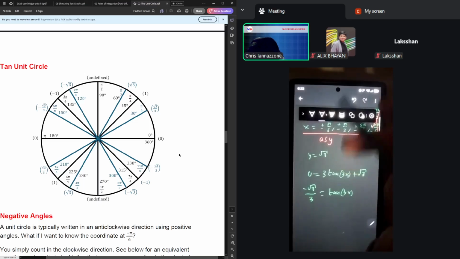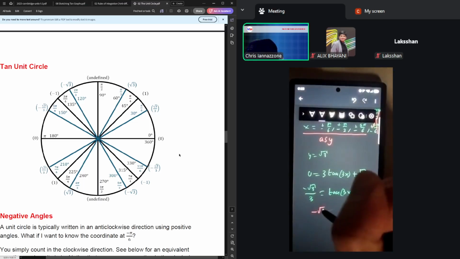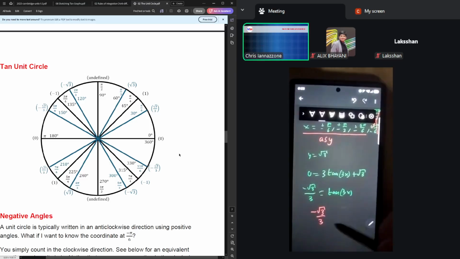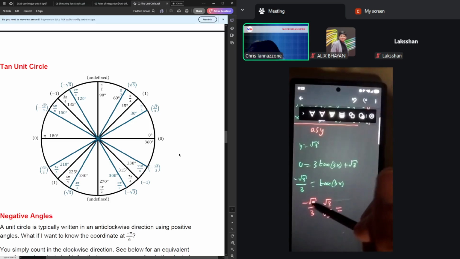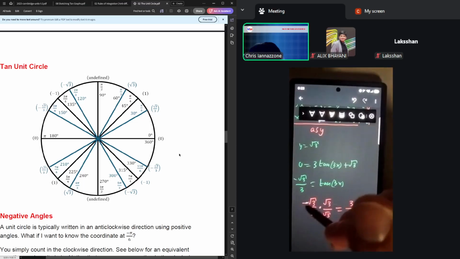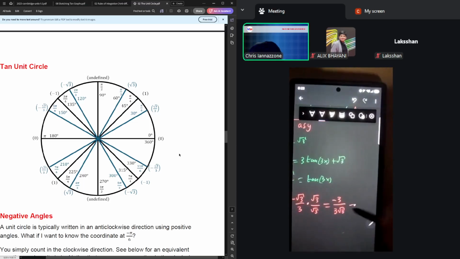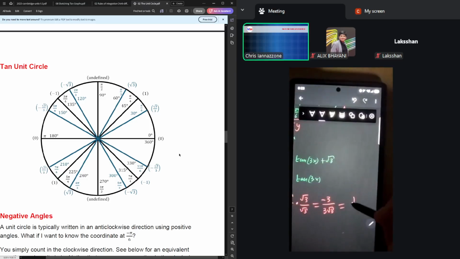Just to give you an idea what that means, negative √3 on 3 could be rewritten in a slightly different way by multiplying the top and bottom of that fraction by the root. What you'll see is that the √3 and √3 will cancel down to just 3, and the 3 and √3 will just remain 3√3. The negative will come through, and because you have 3 on top and on bottom, you now have -1 on √3.